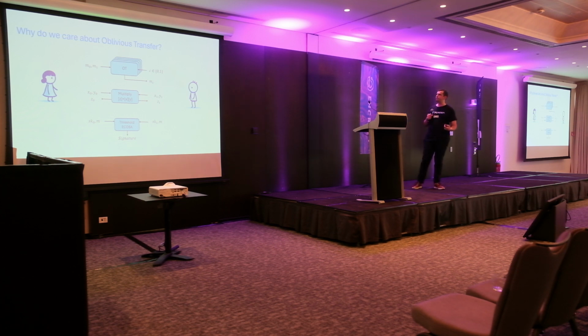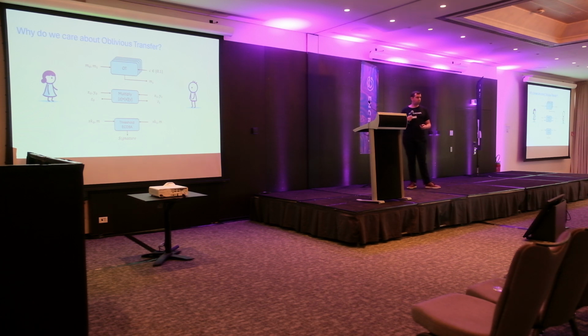In the MPC setting, we have Alice and Bob who want to compute some functionality over their private inputs. And the idea is that you can use Oblivious transfer to accomplish various functionalities. For example, the multiplication protocol, where you have a secret sharing of X and a secret sharing of Y, and you want to compute a secret sharing of the multiplication.